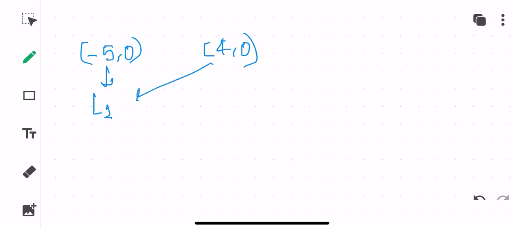So suppose I have been given the point (-5, 0), this is my example number 3, and another point (4, 0) are invariant points under the reflection in the line L1. And there are 2 more points, (0, -6) and (0, 5), and these are invariant along L2.